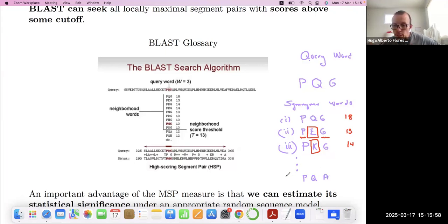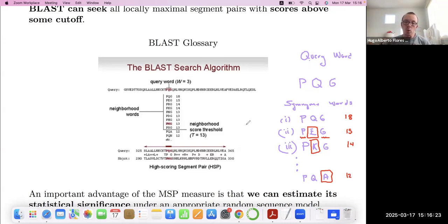For instance, if I compute the score for PQA, the only one that I have different now is the third one. So now I'm matching the first two letters, and the third letter is the one that is not the same. If I compute the score, it is 12. This score is not that high.